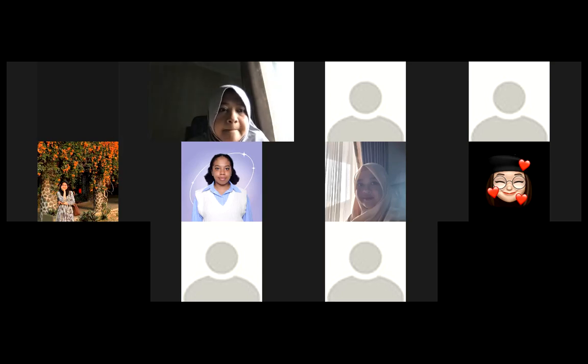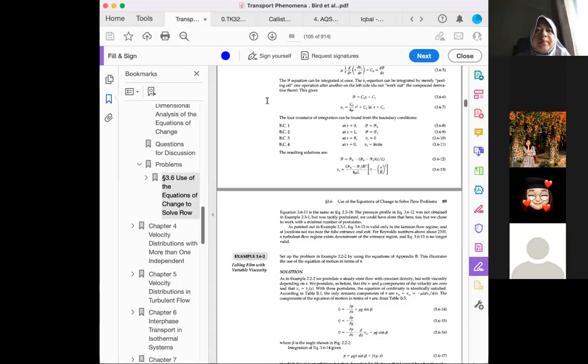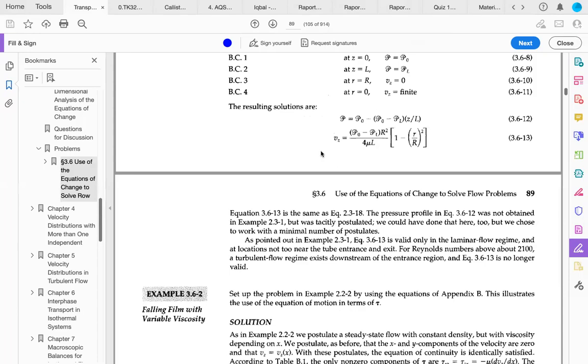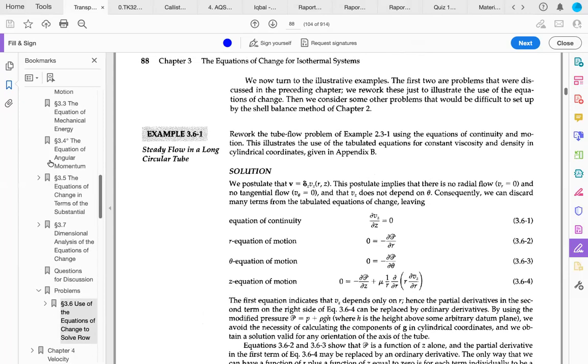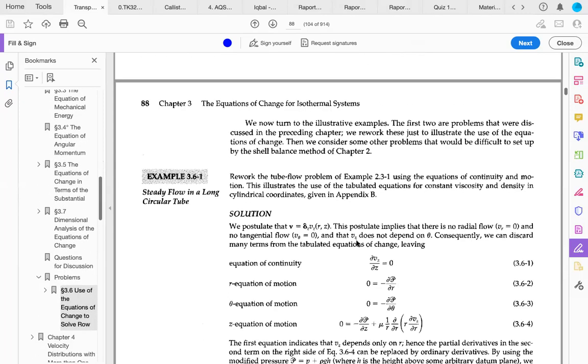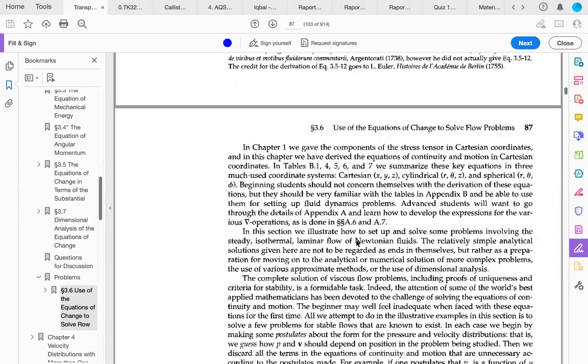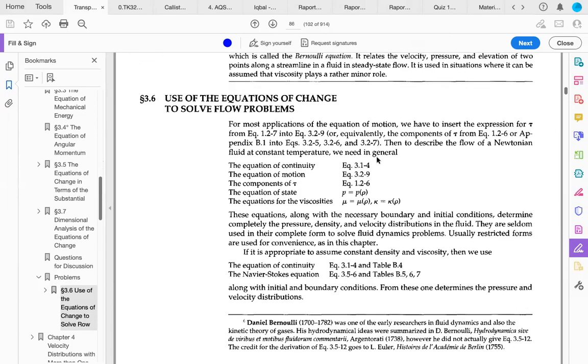Where is it? Okay, so for example, this one, this example is in here.